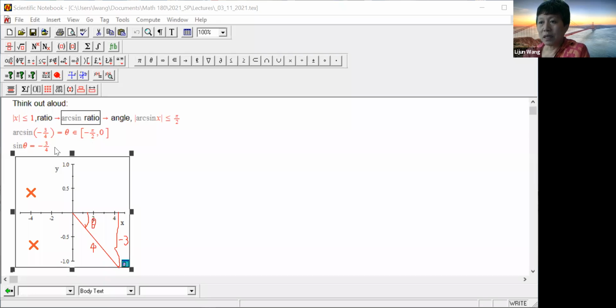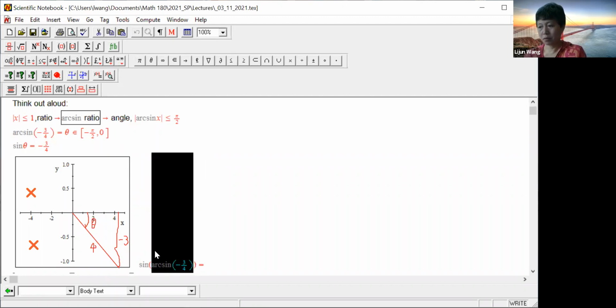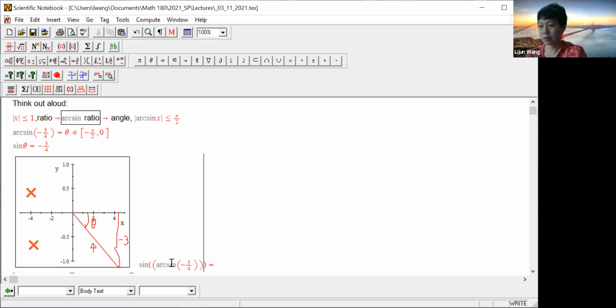Now, with this said and done, our initial question was to ask for what? We need to find sine of arc sine of negative 3/4. And that equals, okay, another parentheses.